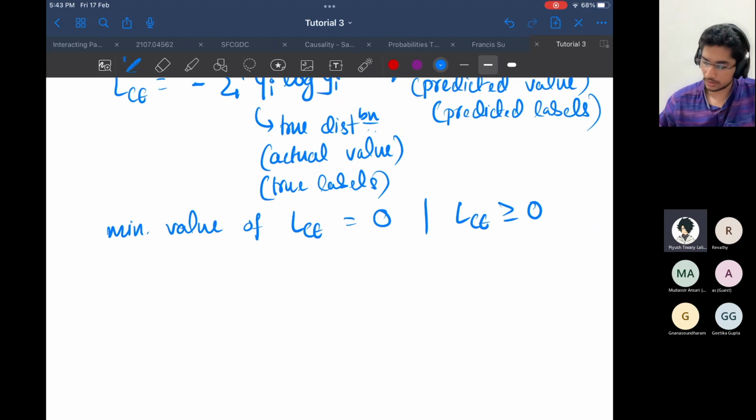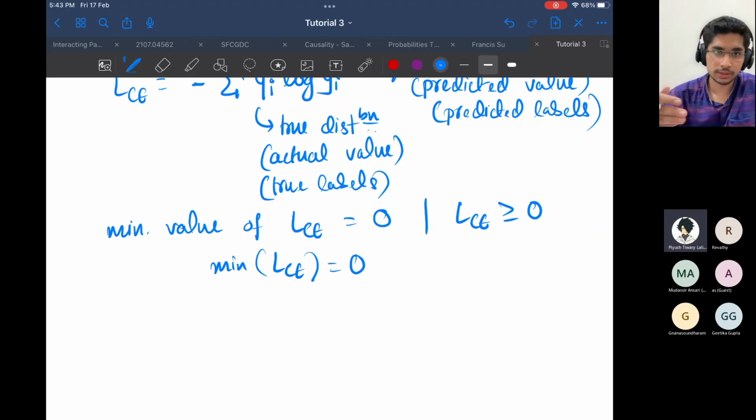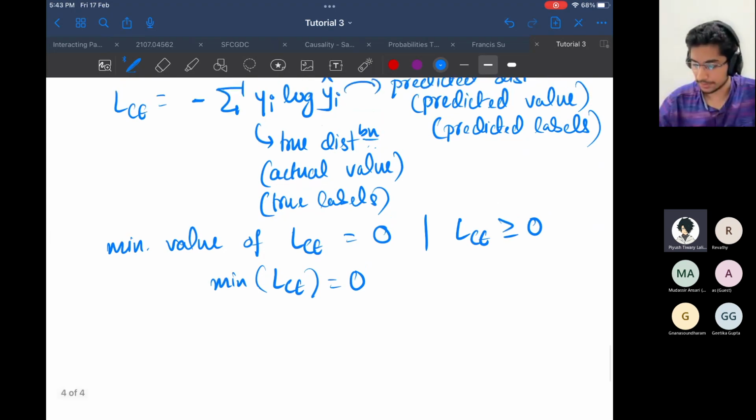The min of LCE is zero. And we are asked which of the following distributions will give us the lowest cross entropy loss with Y.